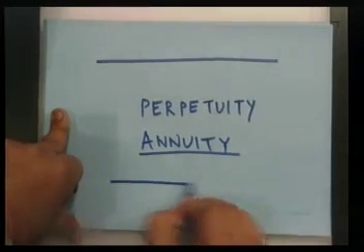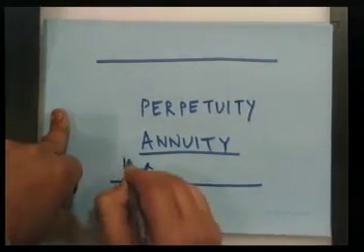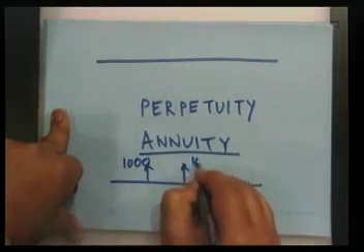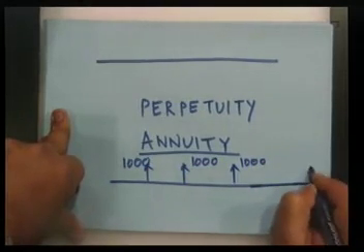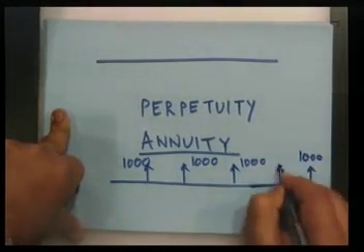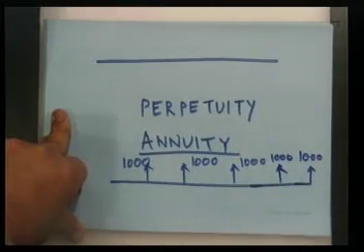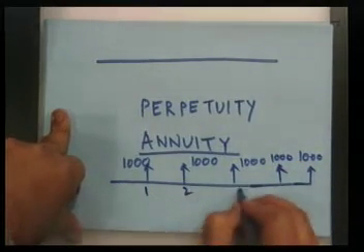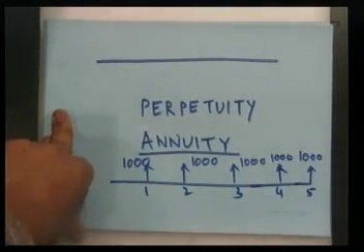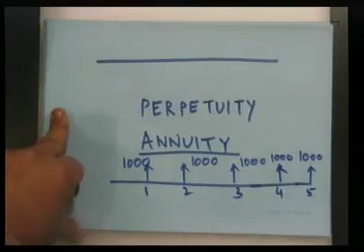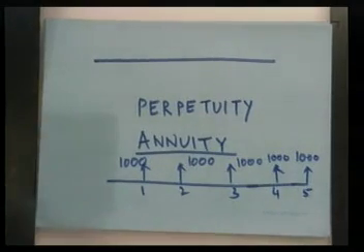So, if you have, let us say, 1000 rupees for 5 years, year 1, 2, 3, 4, 5, this 1000 becomes an annuity. So, the same amount either paid or received for a finite period is an annuity.